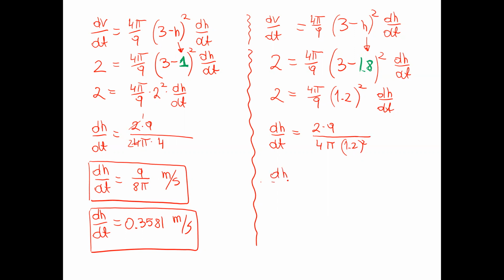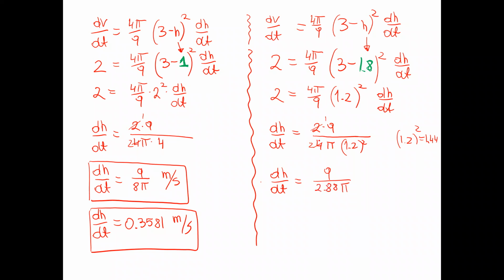Then dh/dt will be, we can say 9 because this is gone, and 2 times, well, we're squaring this, right? When we square this it is 144. And when we multiply 2 times 144 it will be 288 pi.